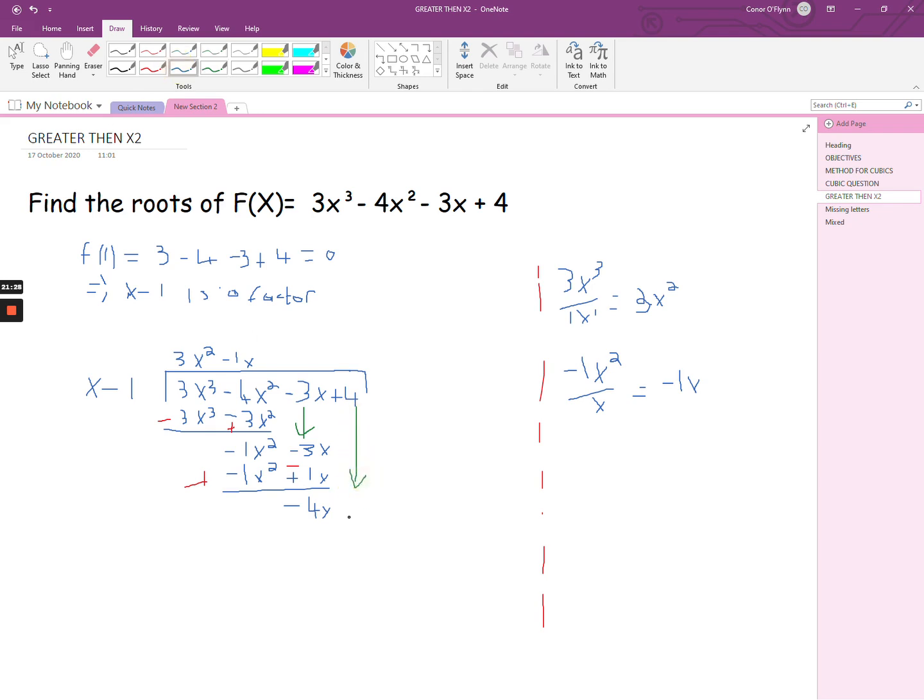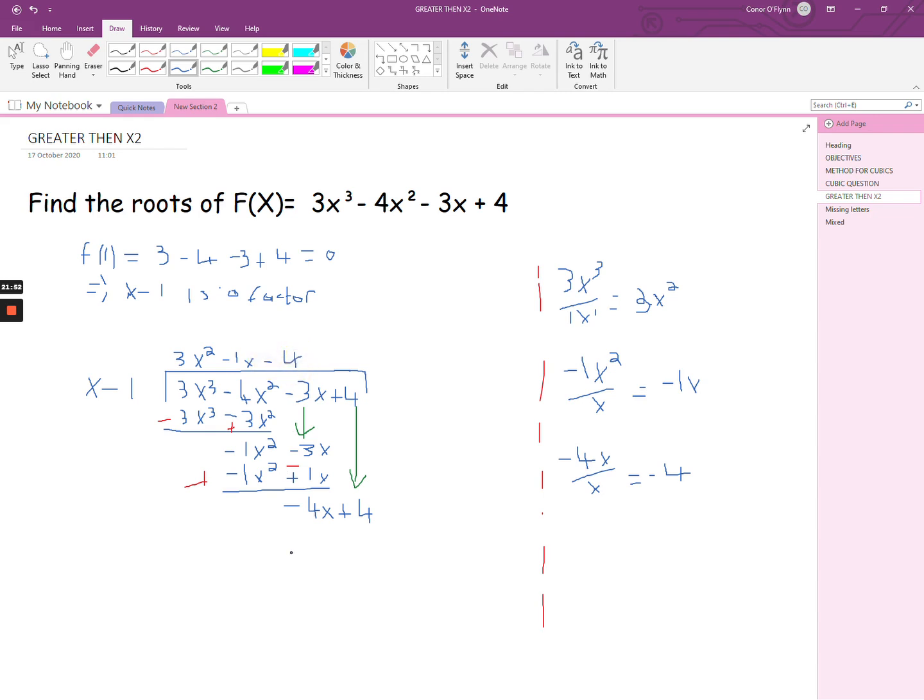Okay, so minus 4x divided by x equals minus 4. So put minus 4 here.